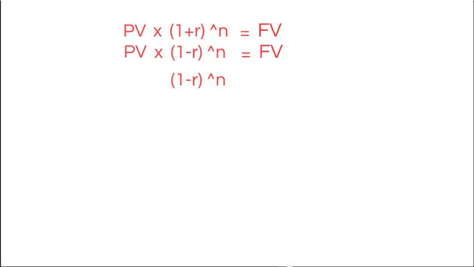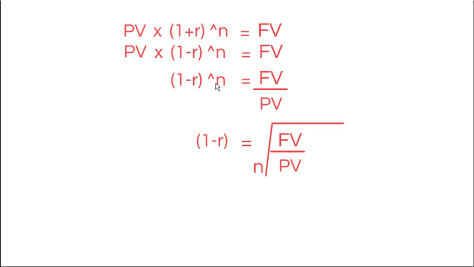So accordingly, we want to find out what is r. If you want to find out r, we can send this PV to the other side, FV divided by PV. Now we want to take r, so we can send the power n to the other side, then it will be performing the opposite of the function that it did here, as to the power will become root.